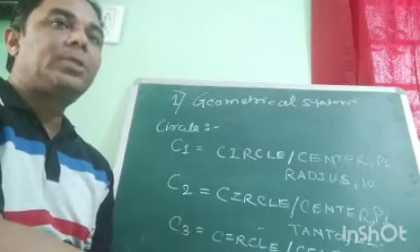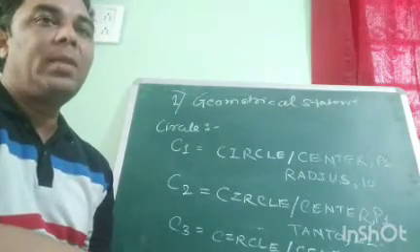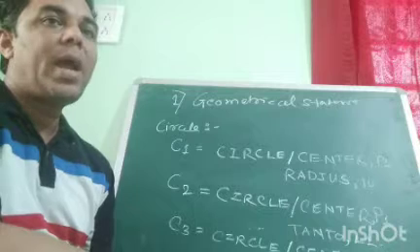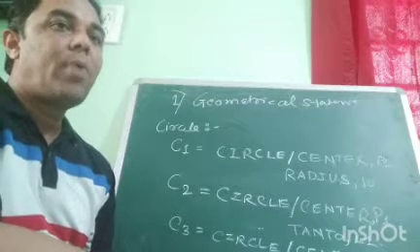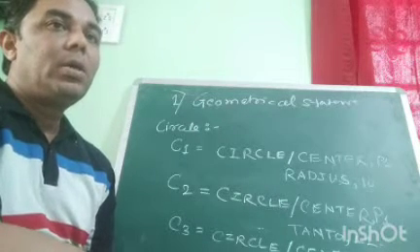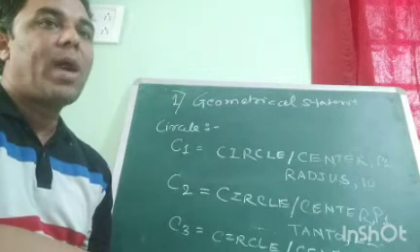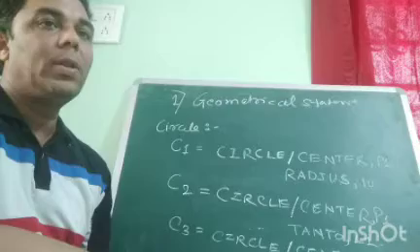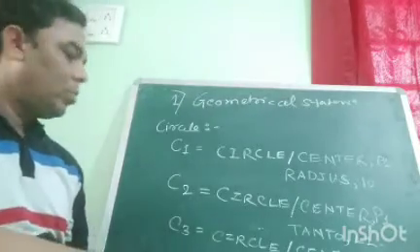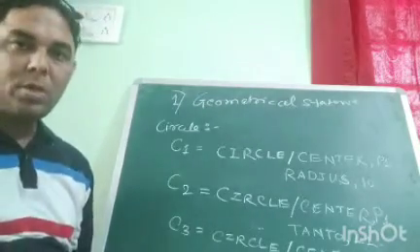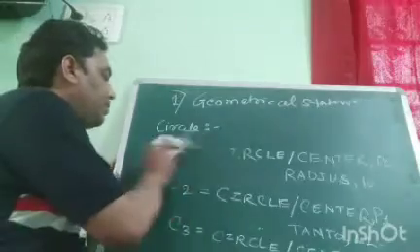A circle passes through the intersection of line L1 and L2 and has a radius of 5 mm, where the x coordinate is small and the y coordinate is also small, right? So let's write it down.